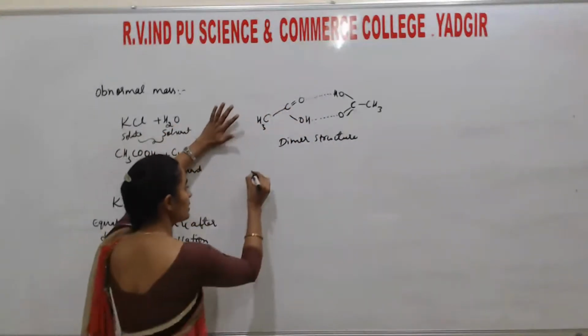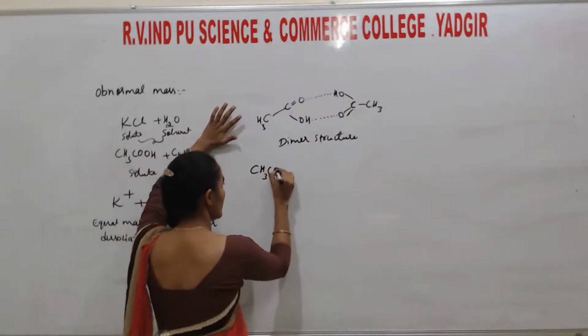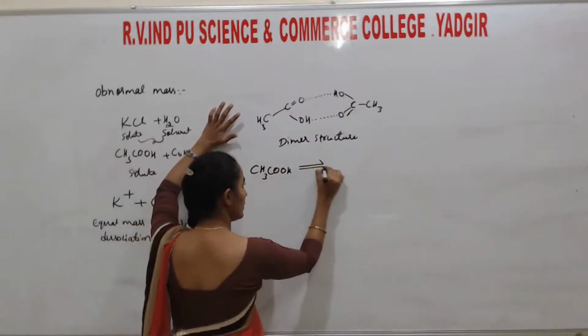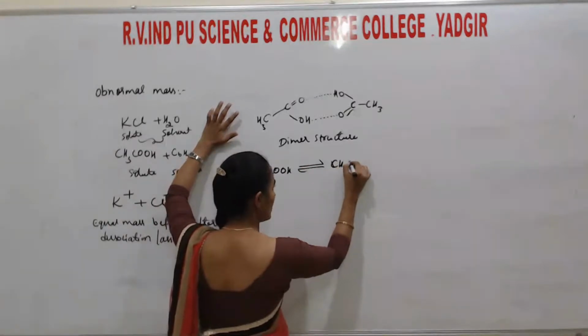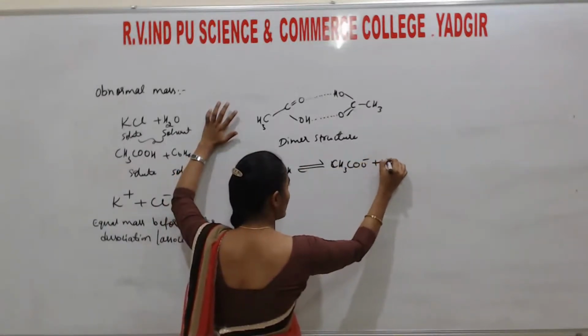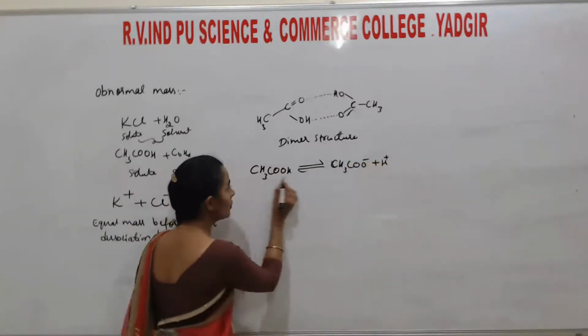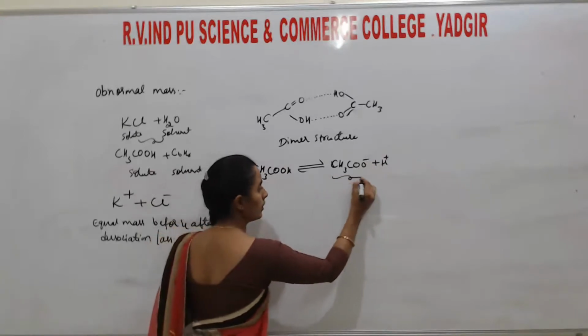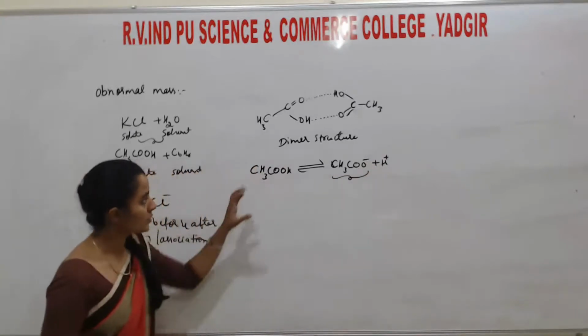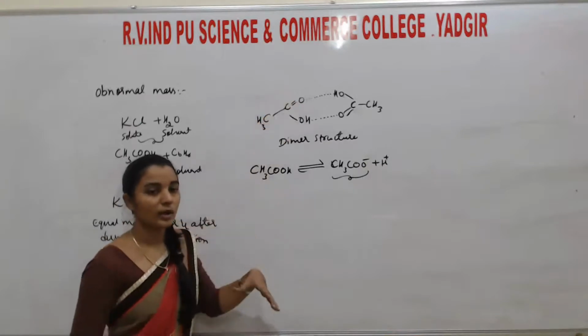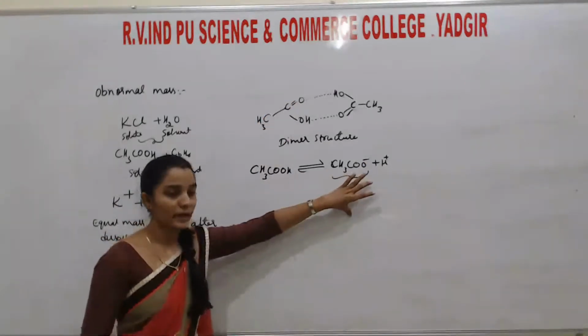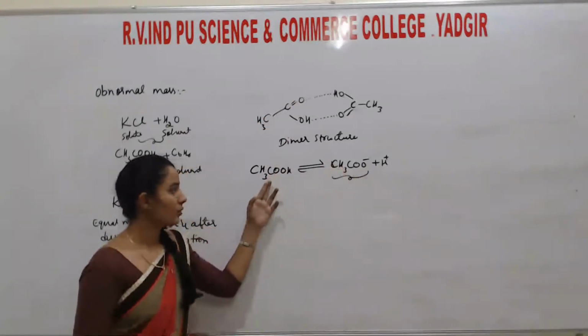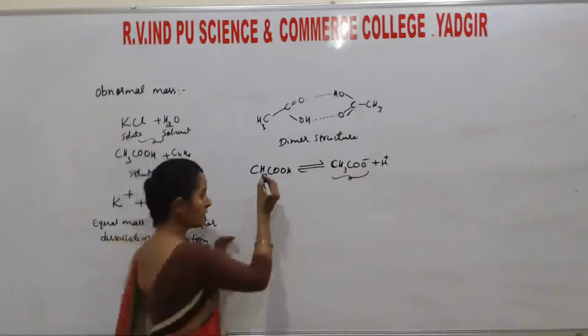If the dissociation takes place, we will write it in this manner, that is CH3COO minus plus H plus. Only a few molecules dissociate and a few form what? Dimers. So then what happens? The mass of the ions formed is less compared to the mass of the solid particle. So this is the normal mass.